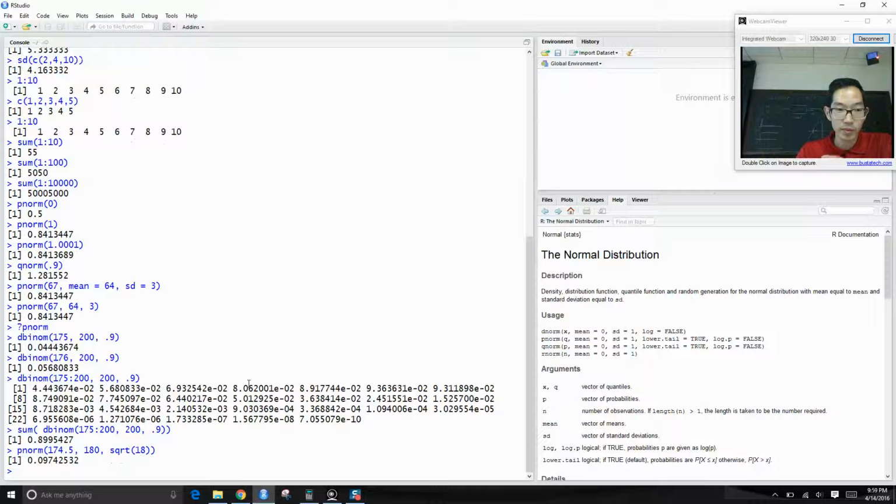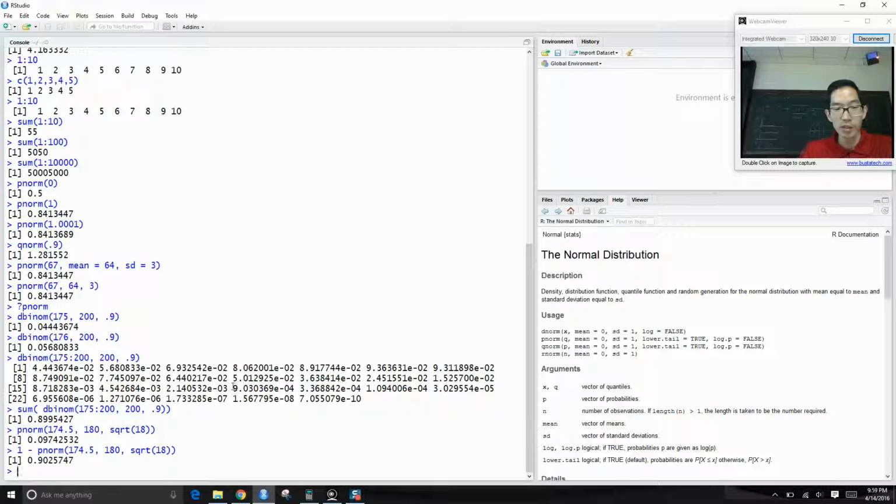So our normal approximation says about 0.9025, or I think our textbook said 0.9032, and the true answer is 0.8995. So we see the normal approximation is pretty good. It's off by only about 0.003, not even a full percentage point.